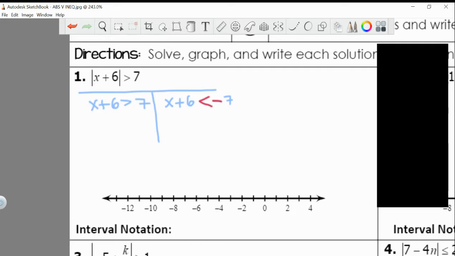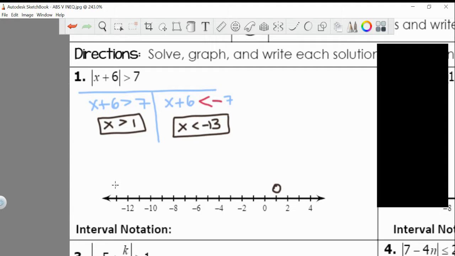That's like the only new thing, really, for the whole day today. So then we need to subtract. So this one we're not done yet. We need to subtract 6. That would be 1. For this one, we need to subtract 6. That would be negative 13. Did that all out of order. So we go to 1, which is right here. We put a circle.